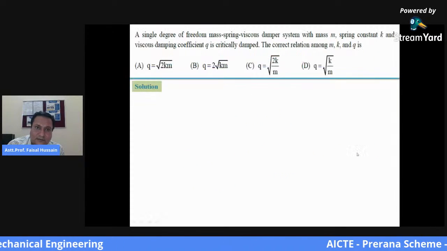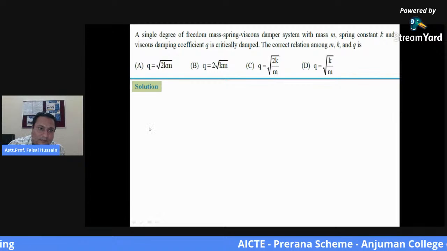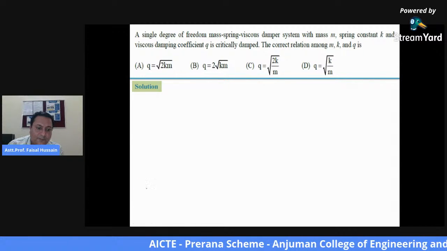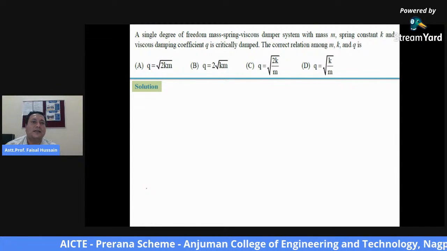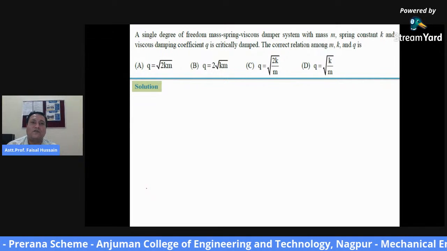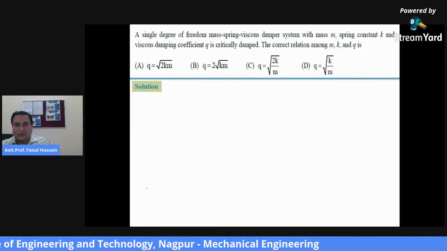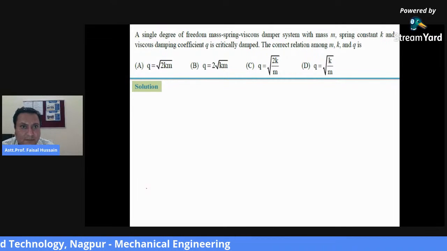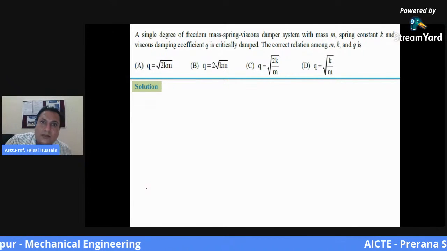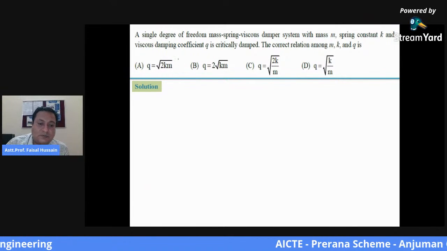So like this, the third problem here. In this problem, a single degree of freedom mass spring viscous damper system with mass m, spring constant k, and viscous damping coefficient q is critically damped. Critically damped means what?